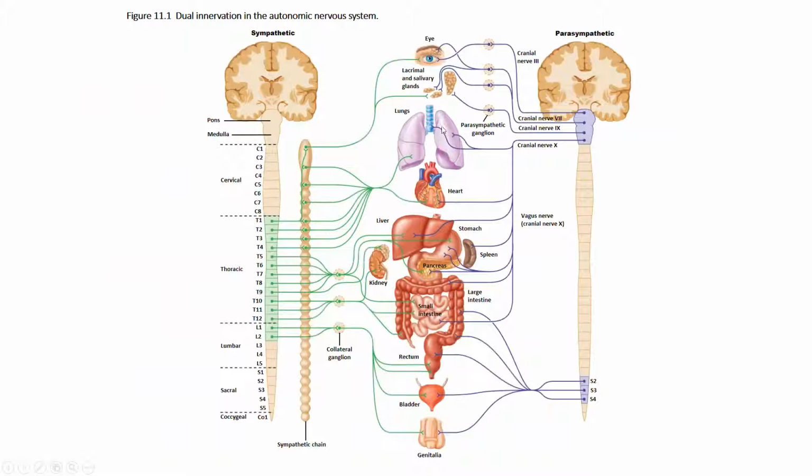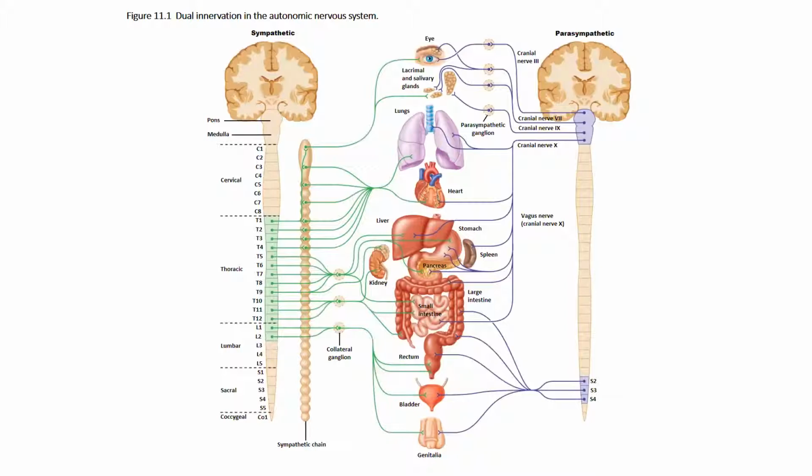So these organs in the middle are influenced by both the sympathetic division on the left and the parasympathetic division on the right. Now, the sympathetic fibers are coming specifically from T1 to L2, okay? The sympathetic fibers arise specifically from that region of the spinal cord, those spinal nerves, T1 to L2. Whereas on the parasympathetic side, we have fibers arising from the cranial outflow, so cranial nerves 3, 7, 9, and 10, and then your sacral spinal nerves, right?